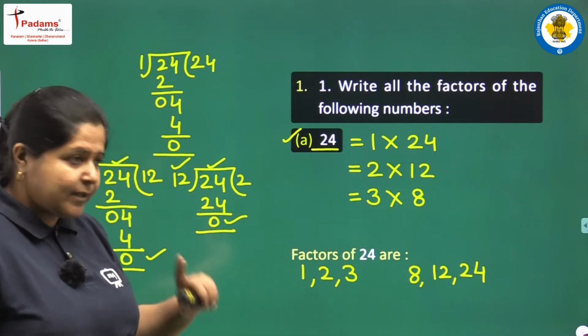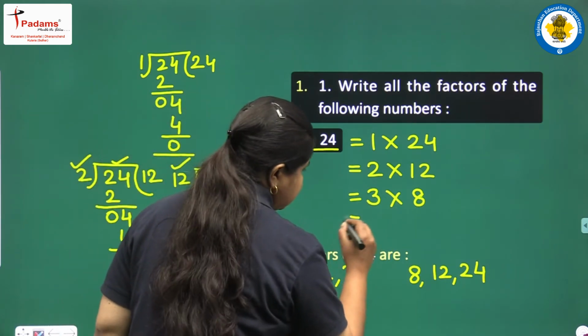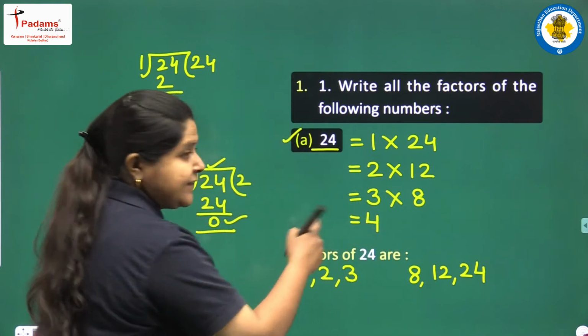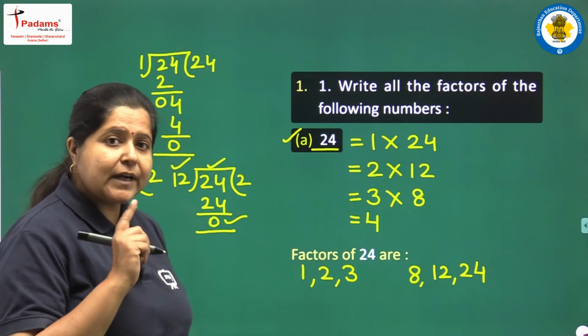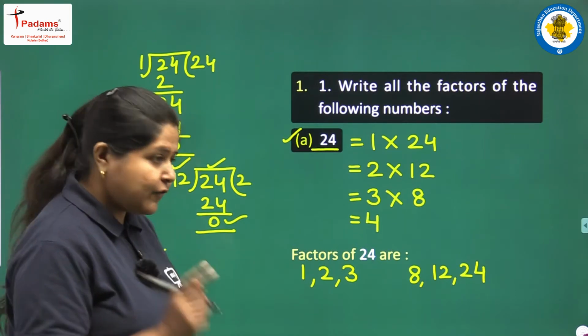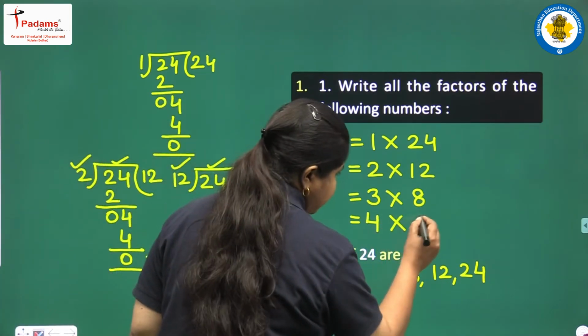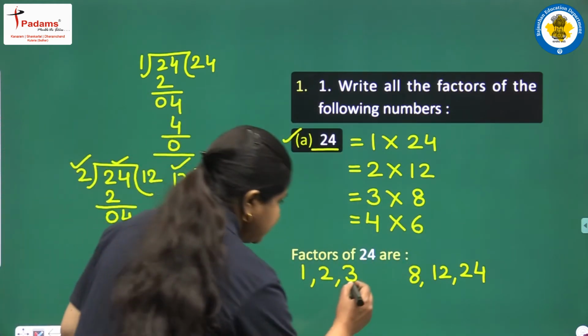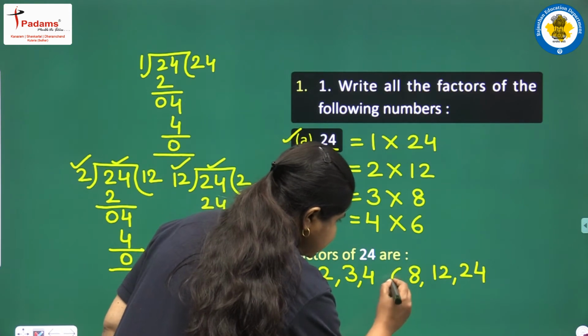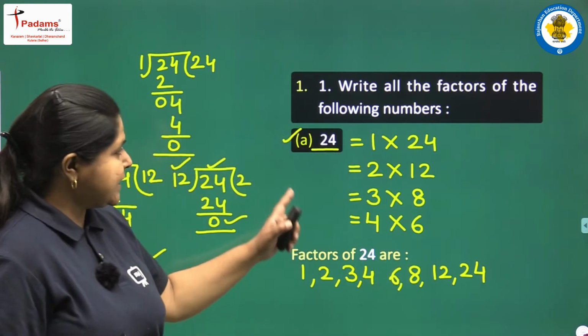Then we move on to the table of 4. Is 24 completely divisible by 4? Yes, it is, because 24 comes in the table of 4. It is 4 6s are 24. So 4 is again a factor of 24 and 6 is also a factor of 24.